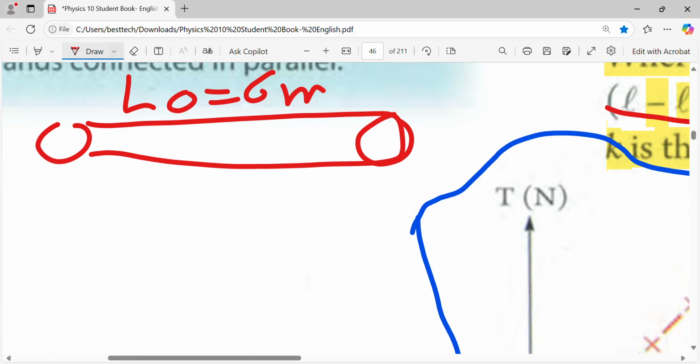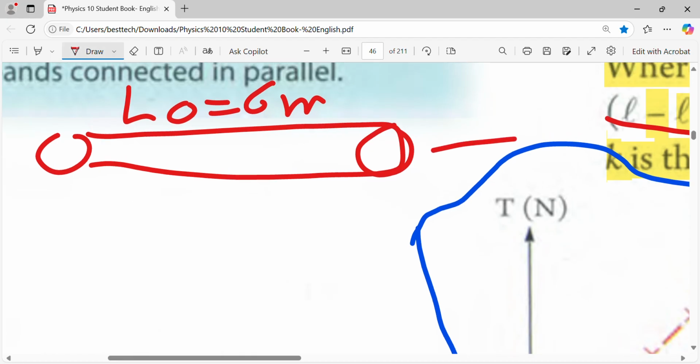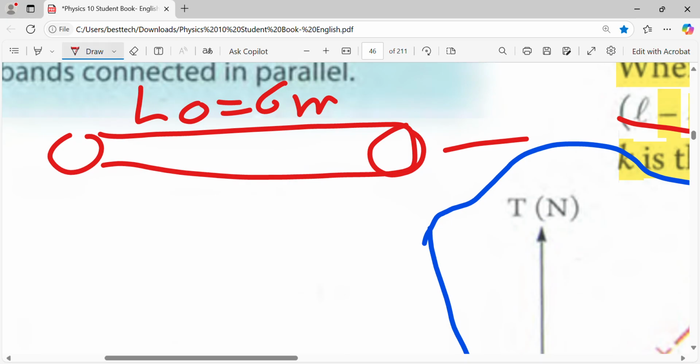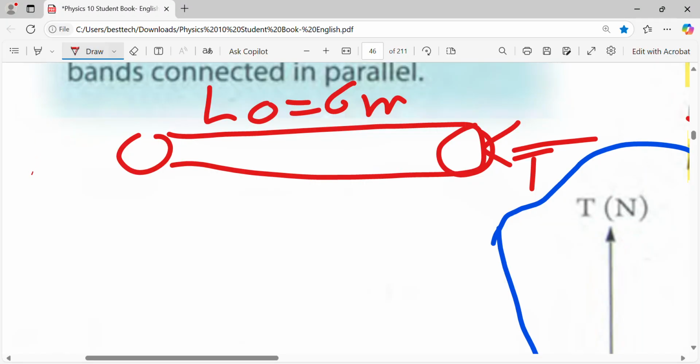But I'm going to apply tension T in that direction, and this is tension in the opposite direction. So which type of tension is this? It's called compress. I'm going to compress this metal.